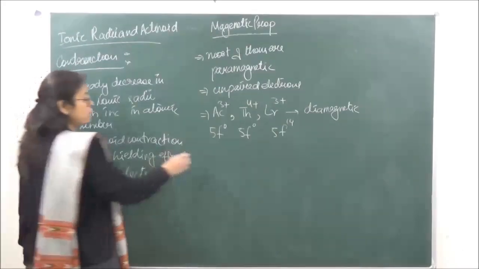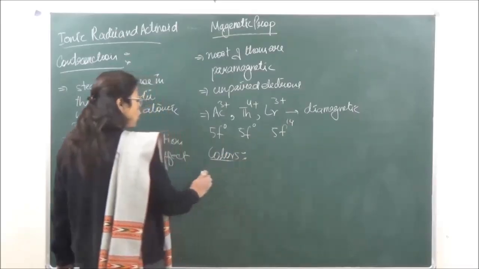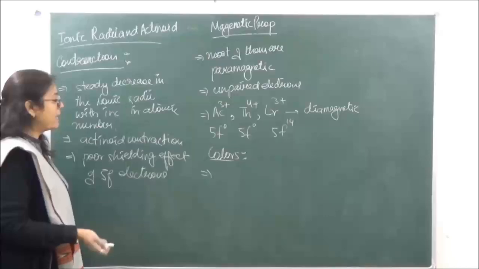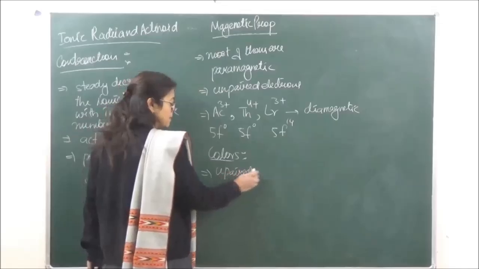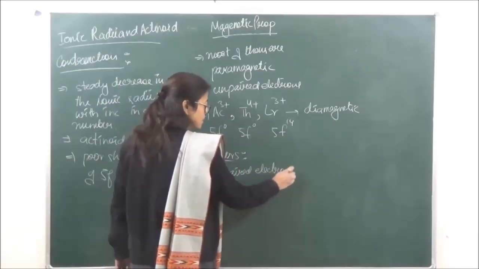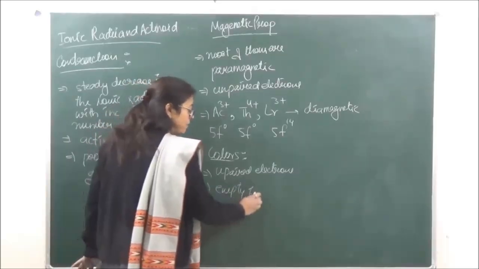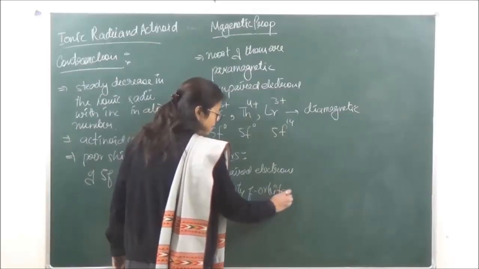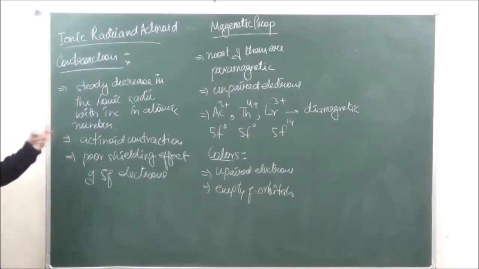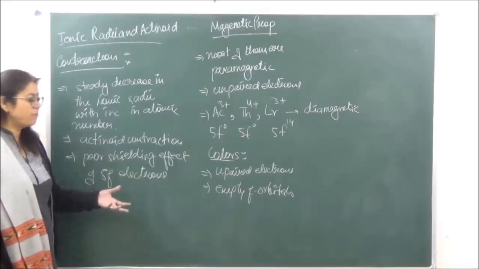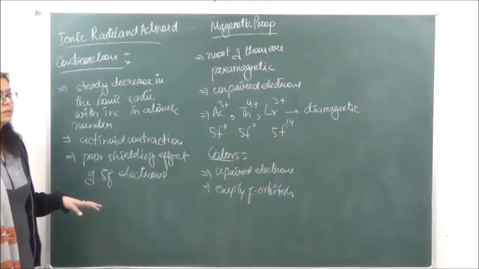Then the next property which we are going to do is colors. All those which have unpaired electrons or empty d orbitals, empty f orbitals, they are going to show color. So all those which either have electrons for the transition in the f block or have empty f orbitals are going to be colored. Is it clear?